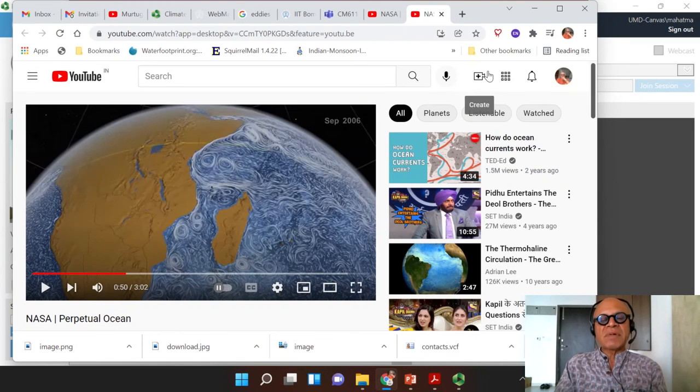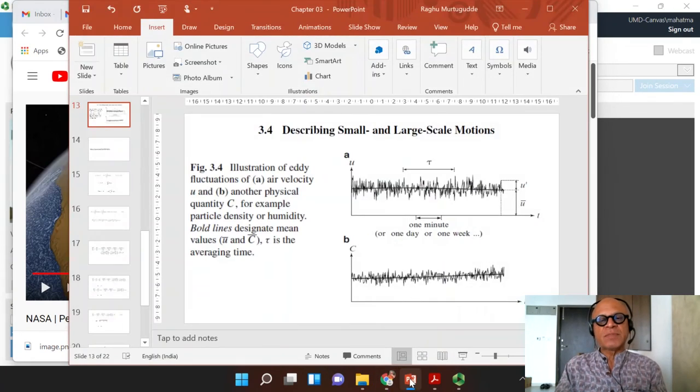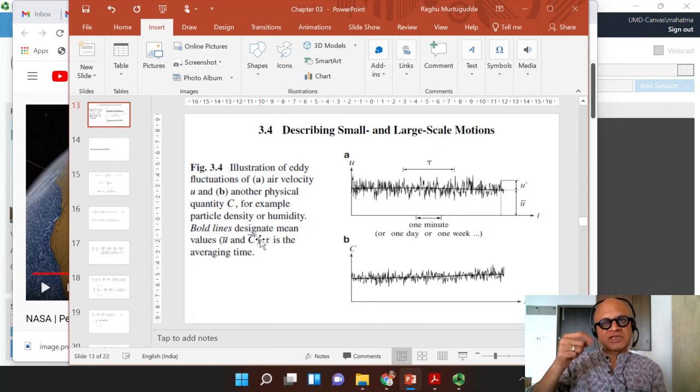Okay, so we'll come back to explain more of this, but now this description includes the small scale and large scale motions. The question is always how the small scale motions add to the mean of the large scale, the so-called low frequency rectification. I'm using the term rather loosely, but you know what it means.